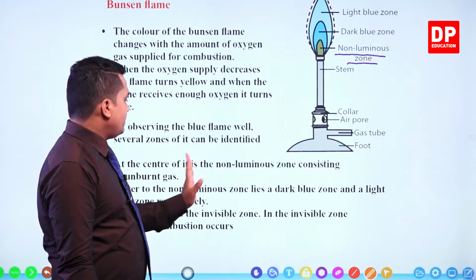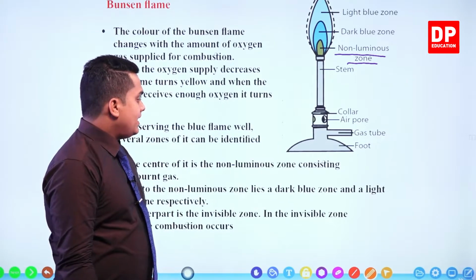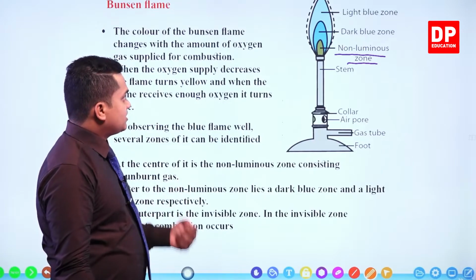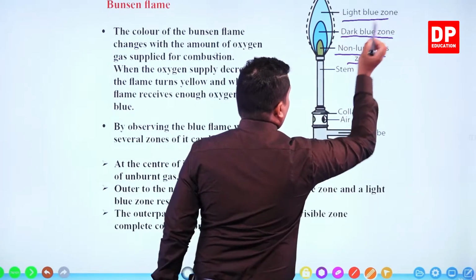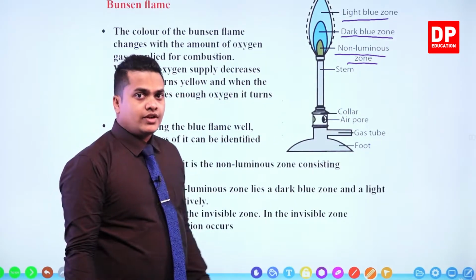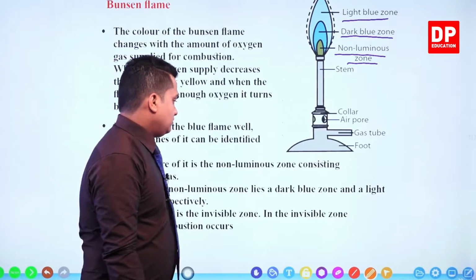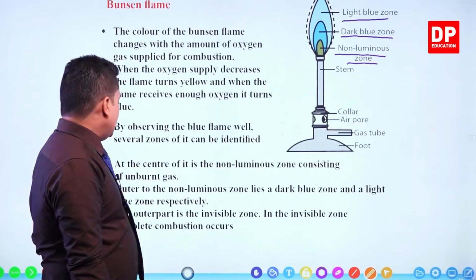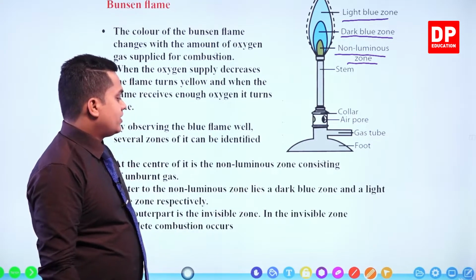Outer to the non-luminous zone lies a dark blue zone and a light blue zone respectively. So you can observe here the dark blue zone and the light blue zone, right? The outer part is the invisible zone.